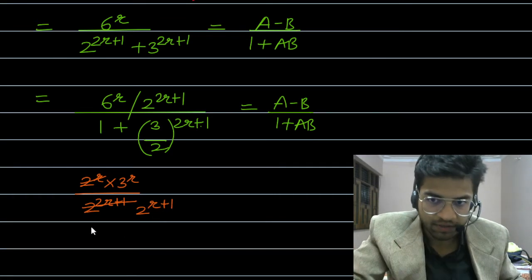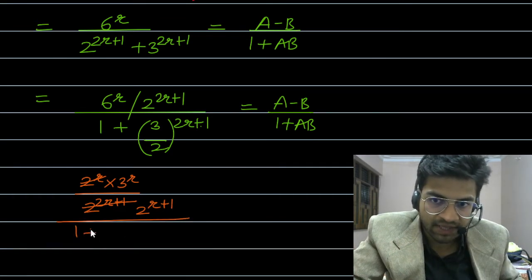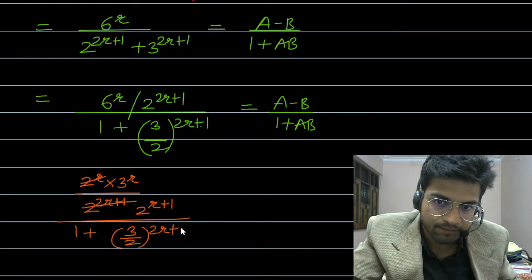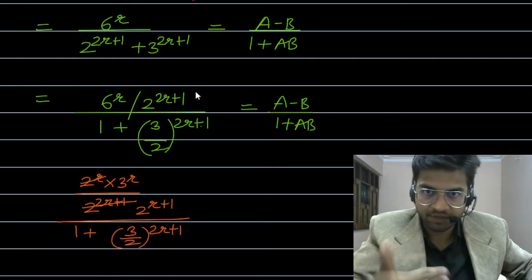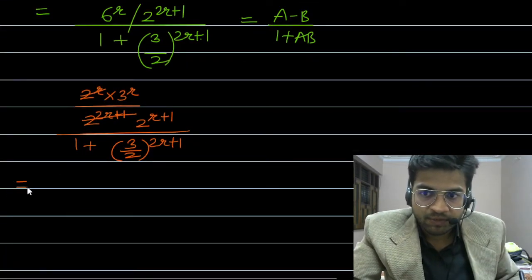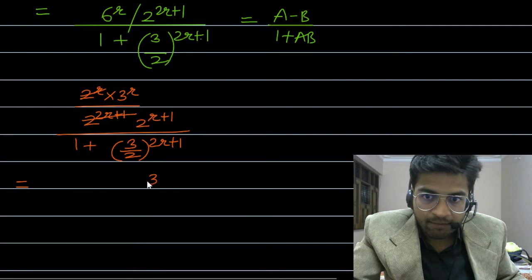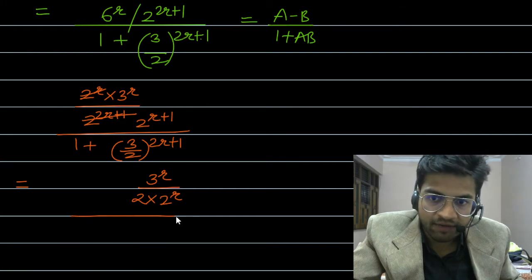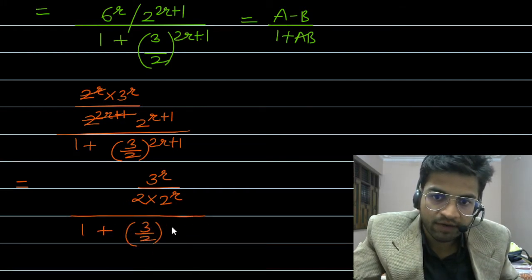Fine, this is our numerator and the denominator is 1 plus 3 by 2 to the power 2r plus 1. Now let us proceed even further. This is 3 to the power r upon 2 into 2 to the power r. In the denominator we have 1 plus 3 by 2 to the power 2r plus 1.